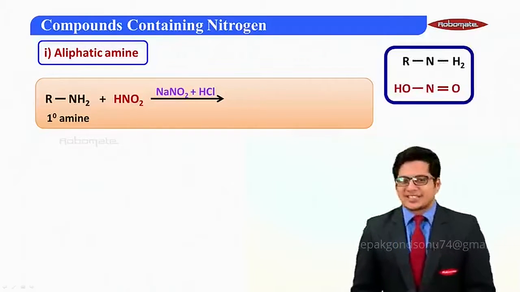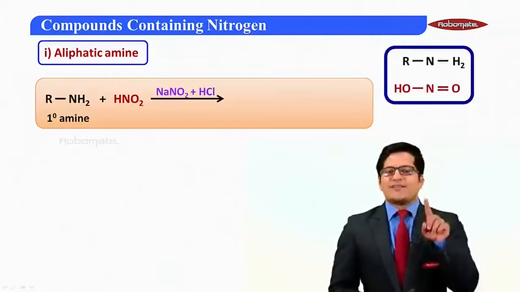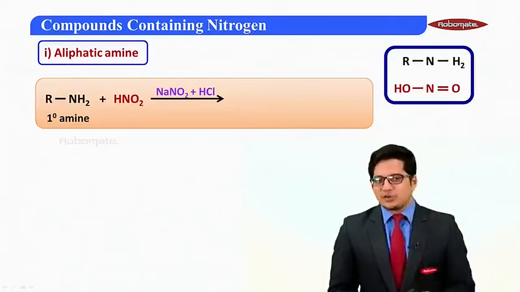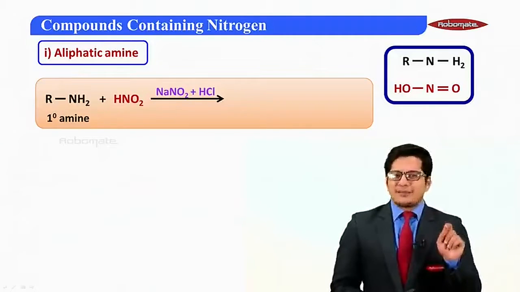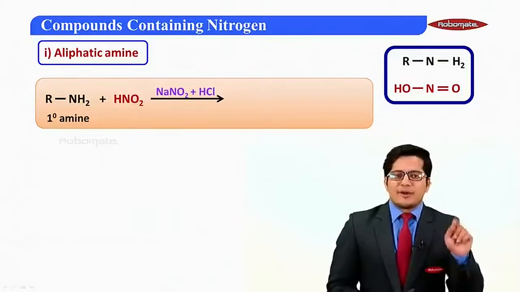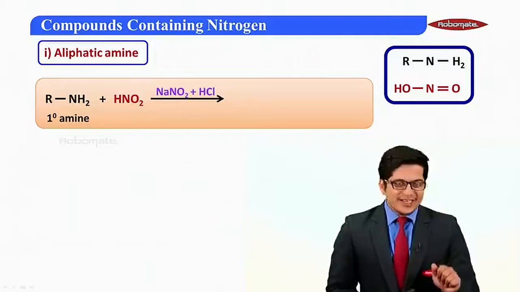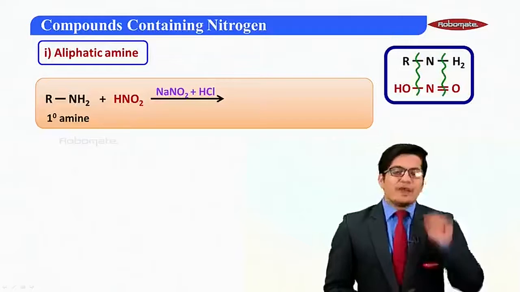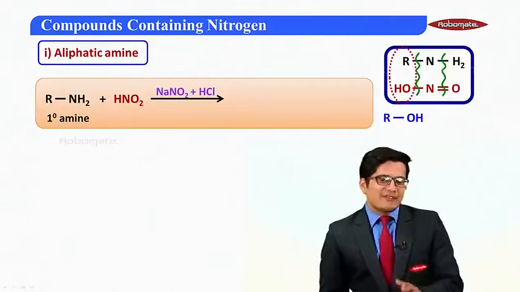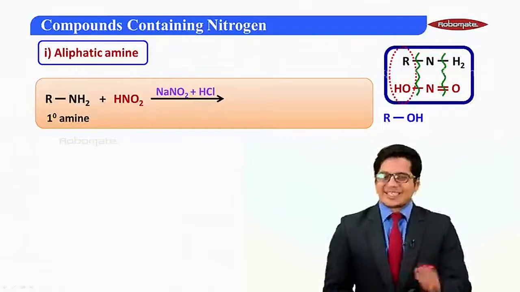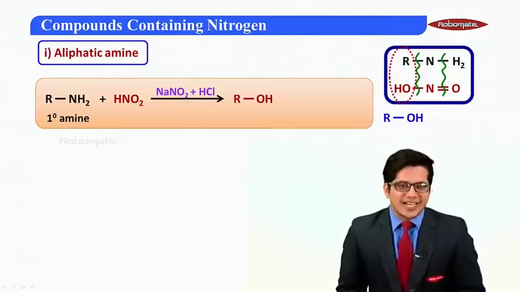Let's recollect this. Now, we have NH2 added to HNO2, which can be written as HO-N double bond O. Fine. Now what we are doing is breaking the bonds. On the extreme left-hand side, are you having ROH? Yes, so it becomes your first product.